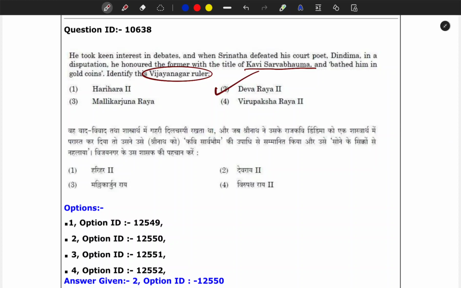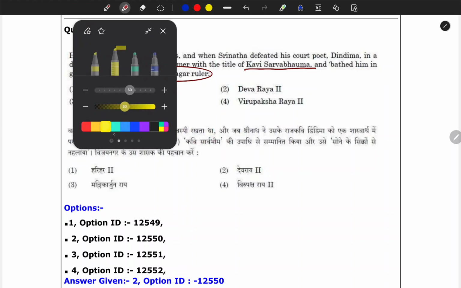They did a lot of things and introduced a lot of policies. But it was Devaraya 2. Going through this statement, for me, Devaraya 2.